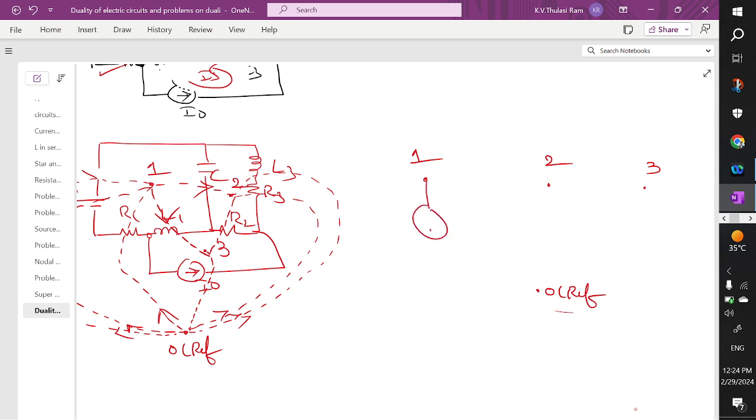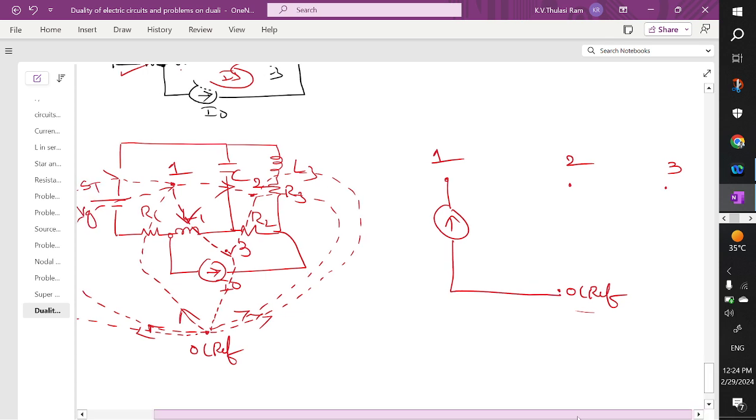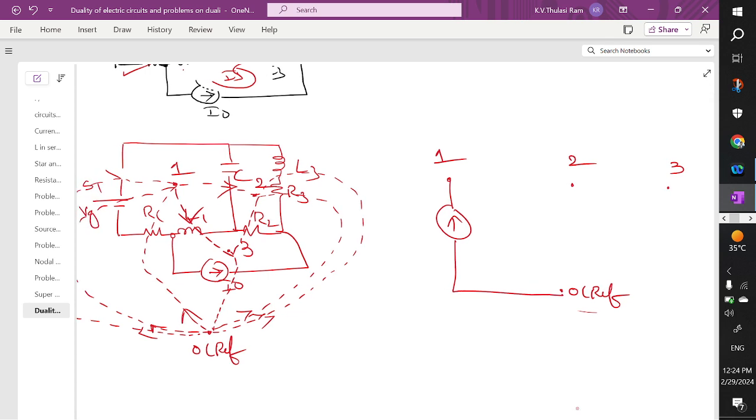Replace that voltage source with a current source, and the value given here is Ig. The direction given is the switch is closed at t equal to 0. So the switch will be closed at t equal to 0. Here it is open, here it is closed.